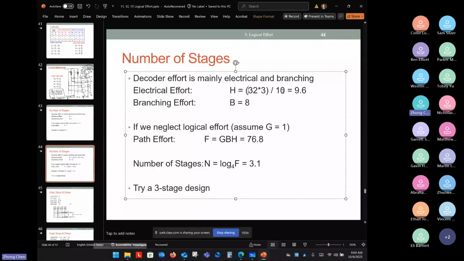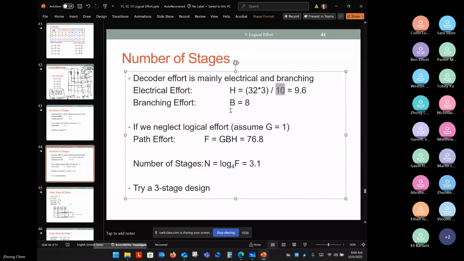The input is a 10-unit-size transistor, which gives you the input capacitance. This is the output capacitance for the decoder, and this is the input capacitance, so you can calculate the capital H. No matter how many stages are in this decoder, I can always calculate the capital H without knowing the internal path.